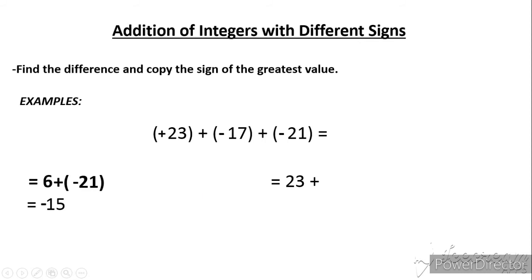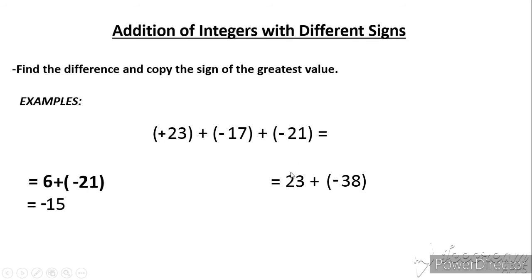So another solution, you have to combine the like sign or same sign. So 17 and 21 is same sign, which is negative. You have to combine that one. So first, I copy positive 23 and the operation, which is addition, then add negative 17 plus negative 21, that is negative 38.